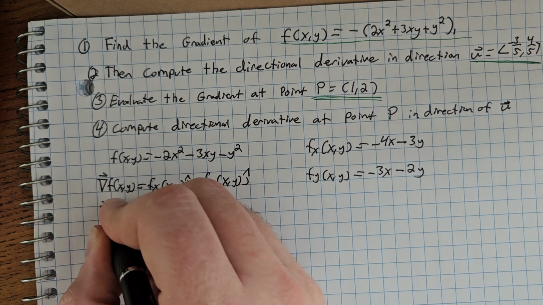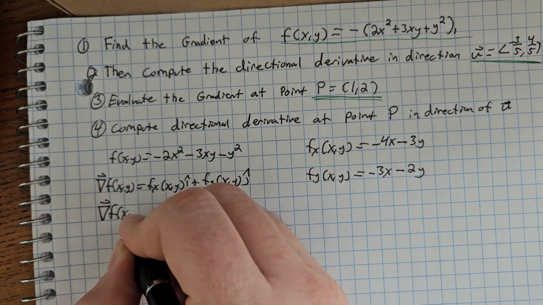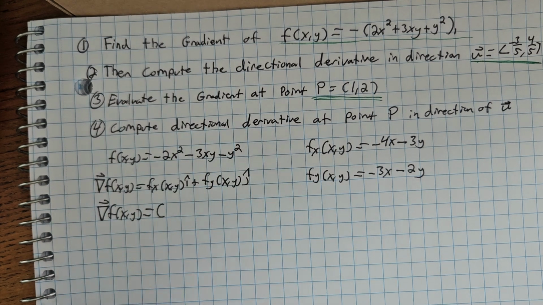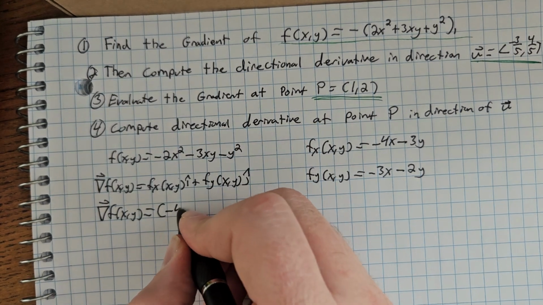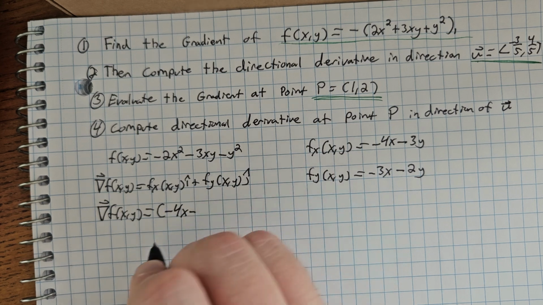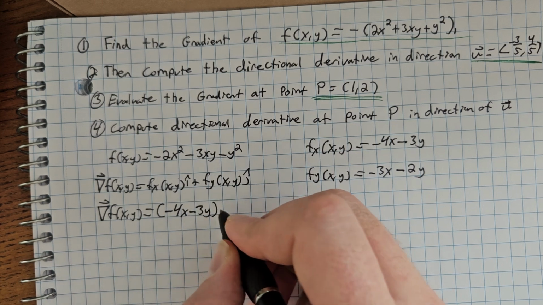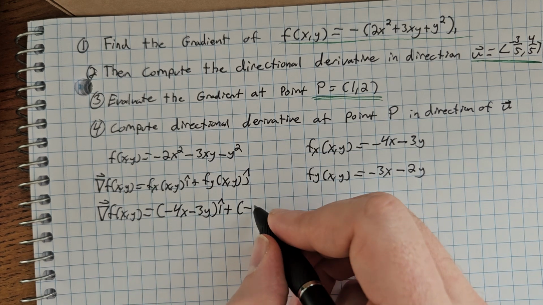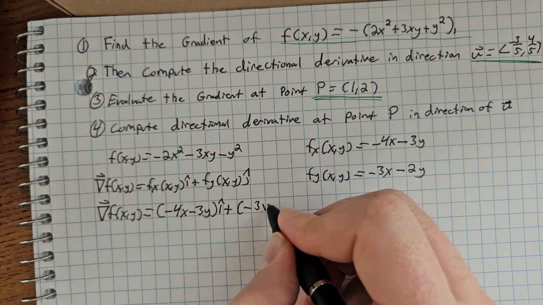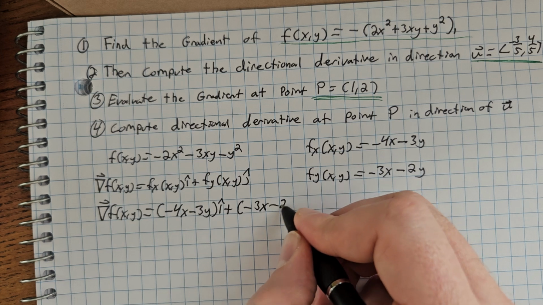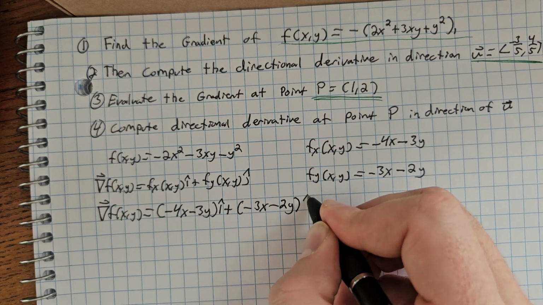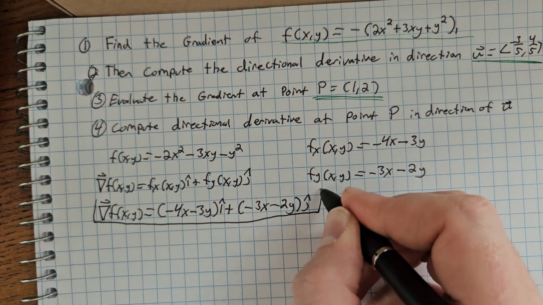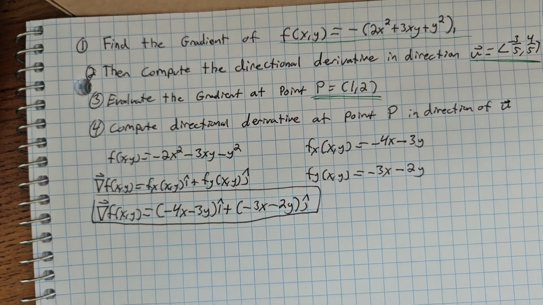So our gradient of f of x, y is equal to, make sure we use parentheses, negative 4x minus 3y i plus negative 3x minus 2y j. So that is our gradient that we'll be using in this function.